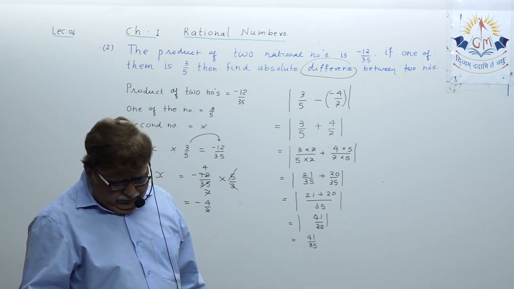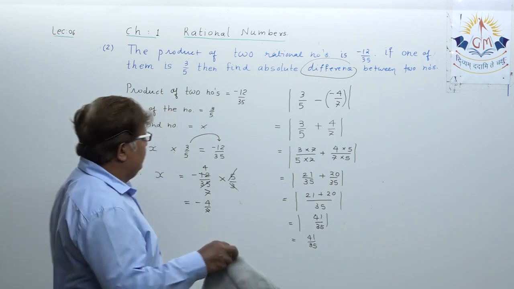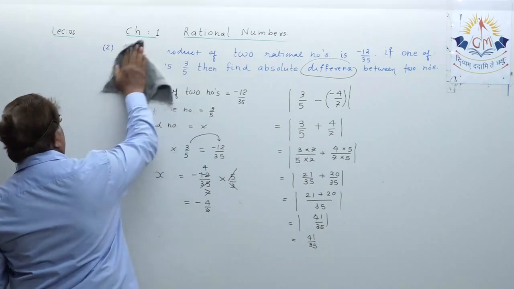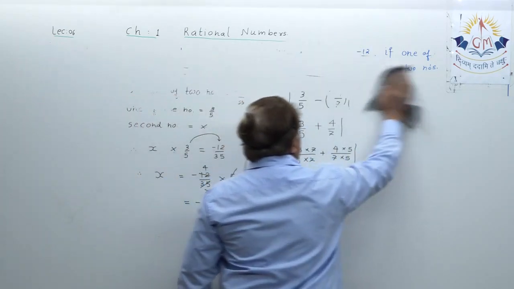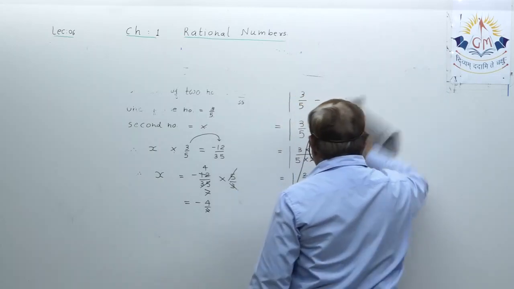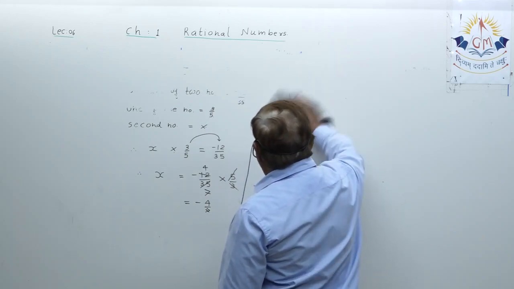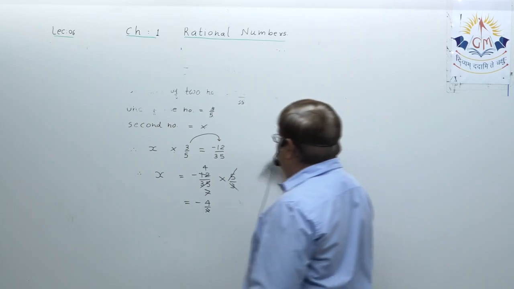Let us discuss one difficult example also. This is clear? Let us take one more example so that your basics become stronger in rational numbers.